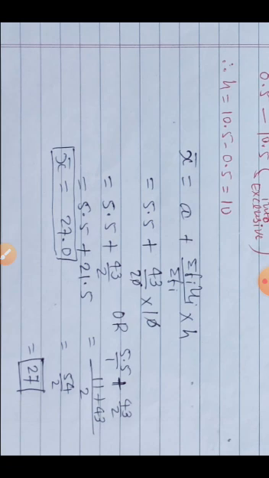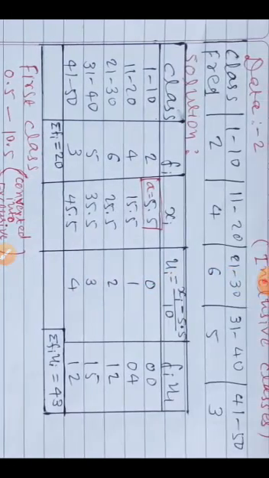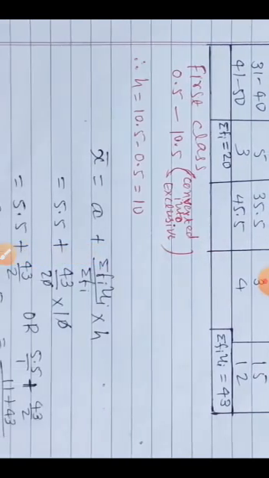In the assuming method, h, the class size, is not used. If you keep only this difference in mind, then the assuming method and the step deviation method are mostly similar, but here one benefit you can notice: no need to count ui, you can write it directly. Otherwise, in all senses both methods are equal.